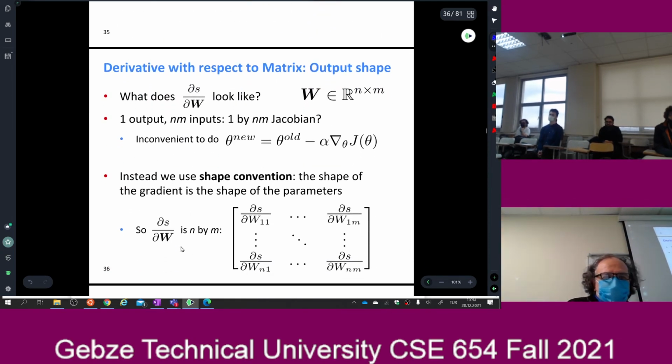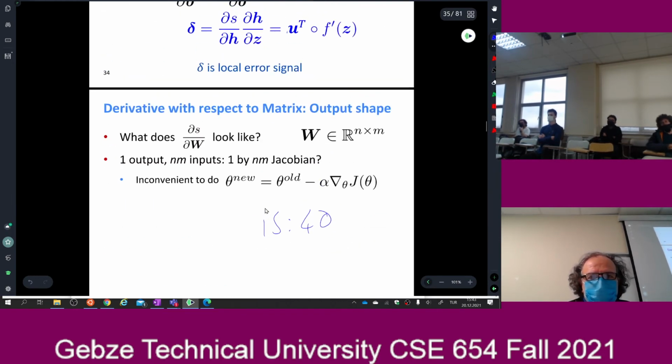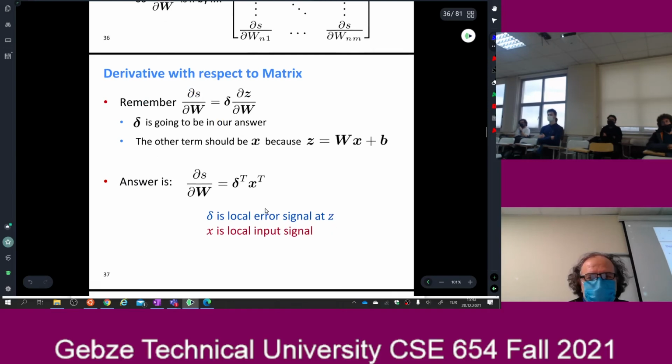So that's what you are going to get actually, a matrix like that. Derivative with respect to 1,1 and 1,m. But each one requires some kind of computation because between S and W there are many things going on, as we already know.